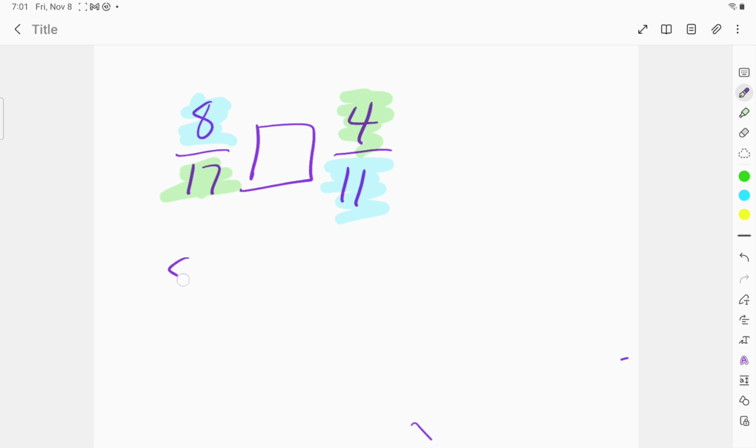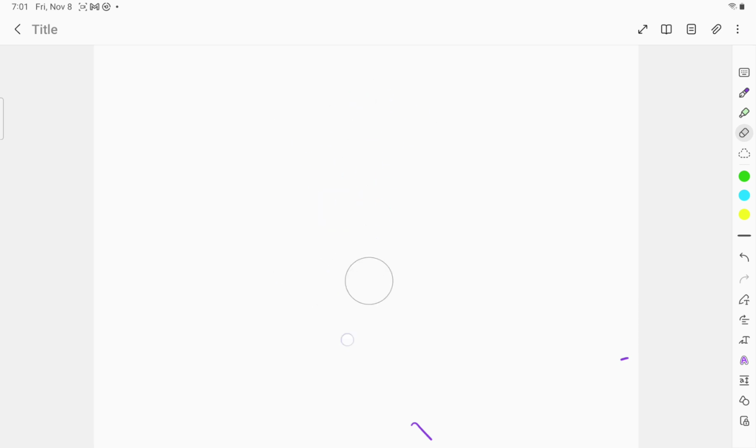So 8 times 11 is 88, and then 17 times 4 is 68. So 88 is greater than 68, so my alligator mouth will go open to the left. That should get you through 7 through 12.